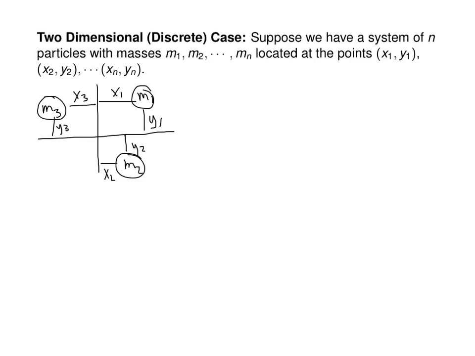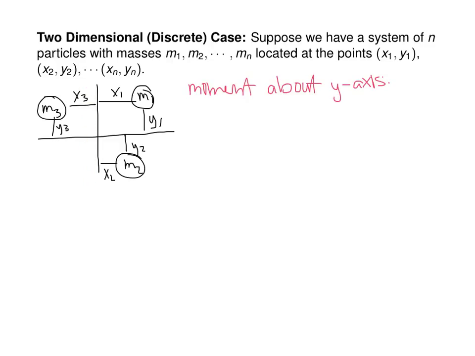So the first thing that we're going to do is find the moment about the y-axis. So the idea is this. We'll attack the problem in the following manner. First, we're going to balance the system this way about the y-axis.